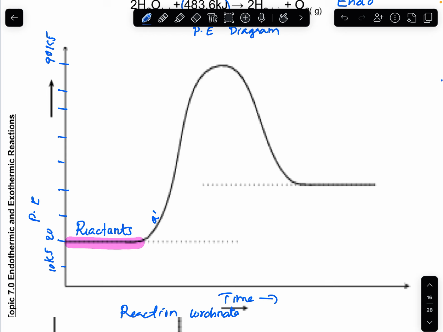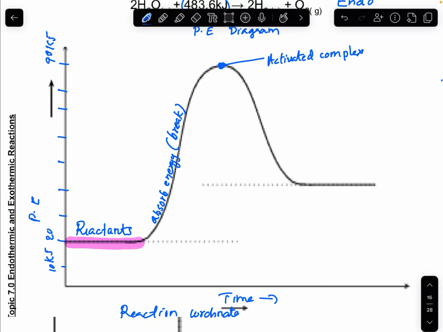Reactants will absorb energy first because energy is needed for breaking bonds, right? And they will reach an unstable state, and that is called the activated complex. That is an intermediate formed before the product. They are very unstable.